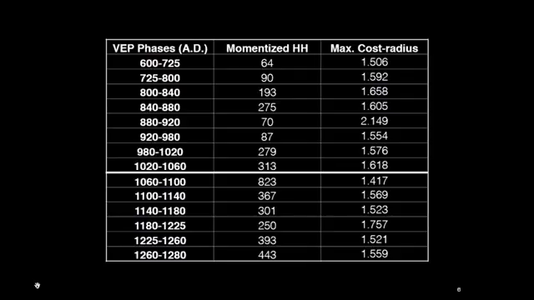The right-hand column is the maximum cost radius in cost kilometers, which is a value that was produced out of my thesis work. The cost distance value is calculated using Tobler's hiking function, which measures the cost in time of traversing 1 meter on a 0-degree slope. When applying it to an elevation model, we can calculate the cost of traversing a variable landscape in comparison to a flat surface.